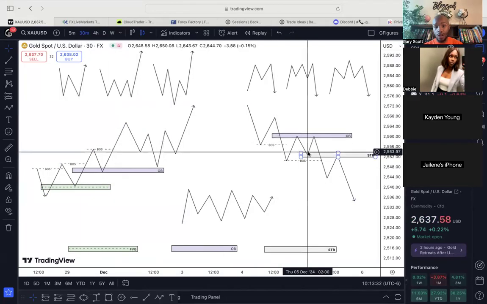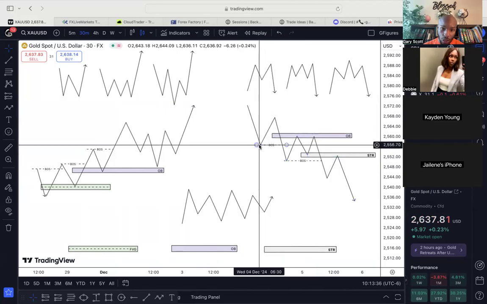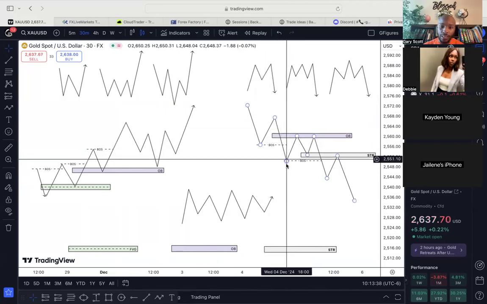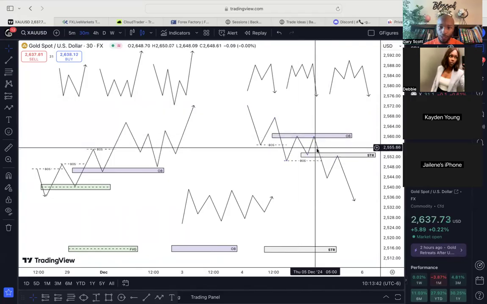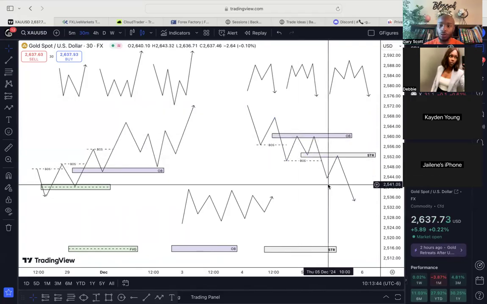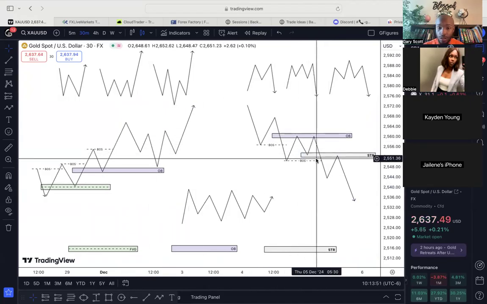Now, if we flip it to the downside, right? Price now creates lower lows to create lower highs, to then create lower lows again to create lower highs, and then to create lower lows. All right. That's the method, right? You see, it's the same thing in the opposite formation, right?